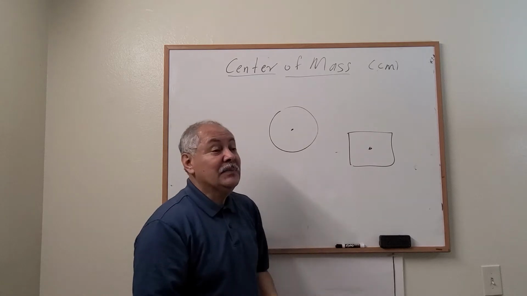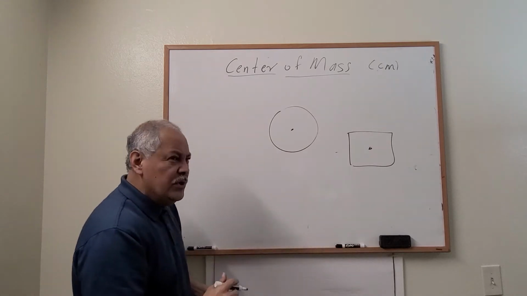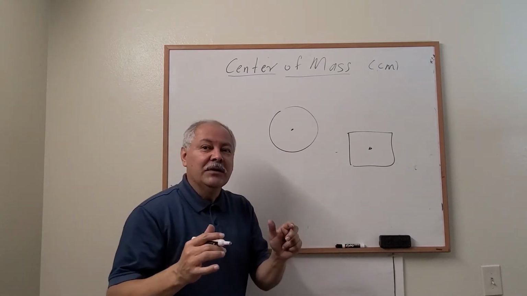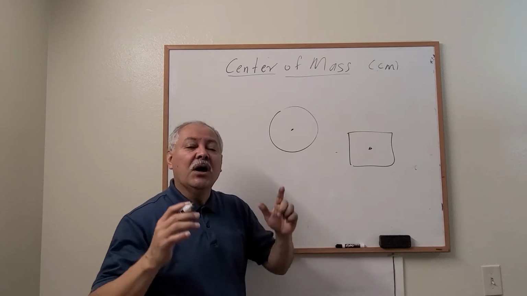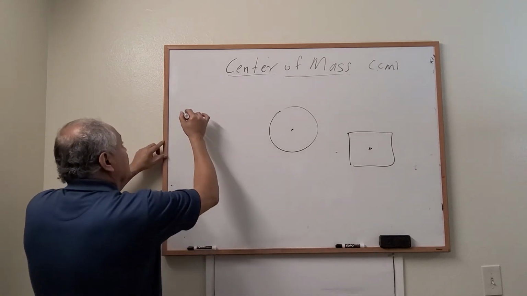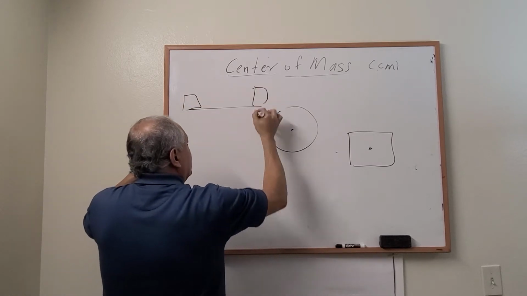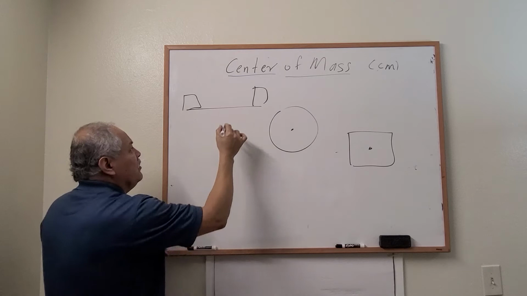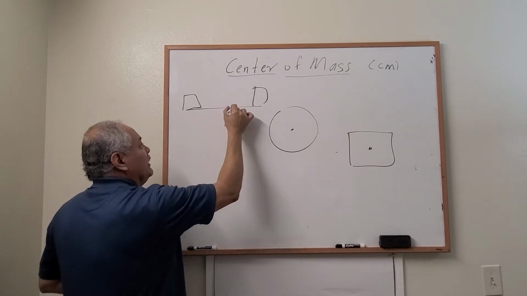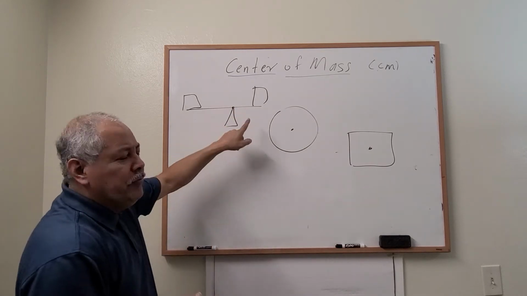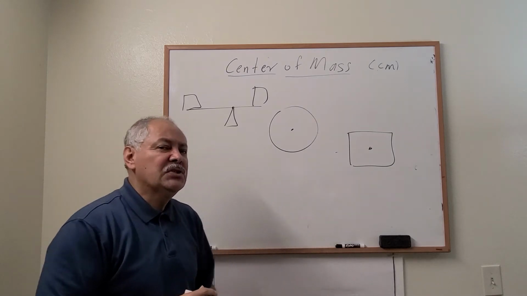Now, to study that situation, we use the concept of the lever, the concept of equilibrium. Imagine that we have these two objects. Right now we find the equilibrium position to be that one. Actually, that equilibrium position is the center of mass of these two objects.